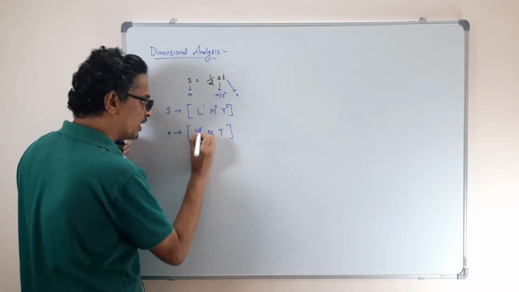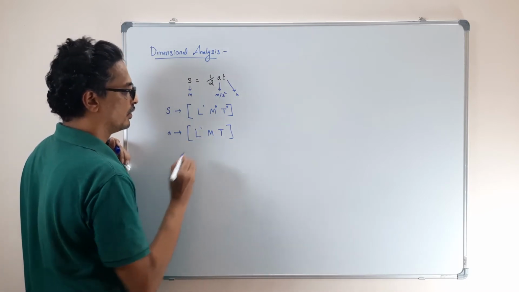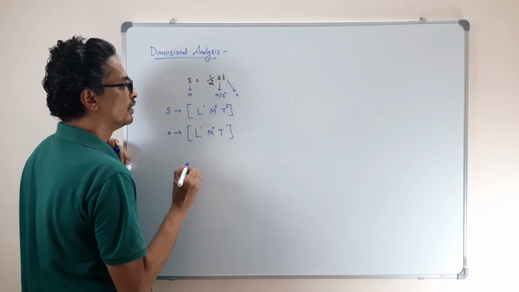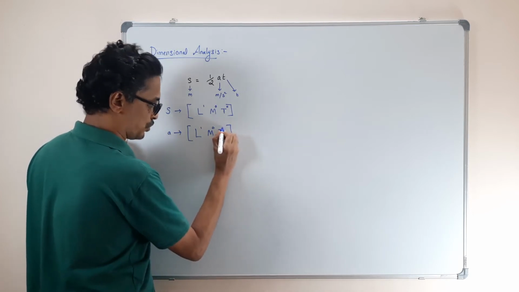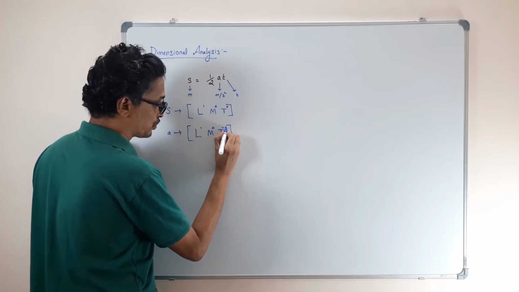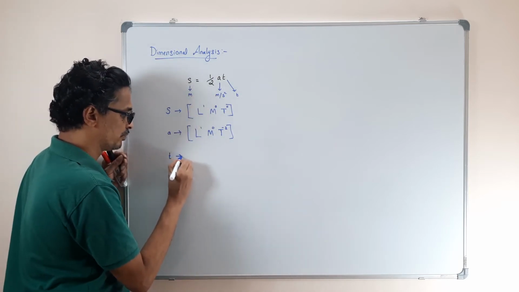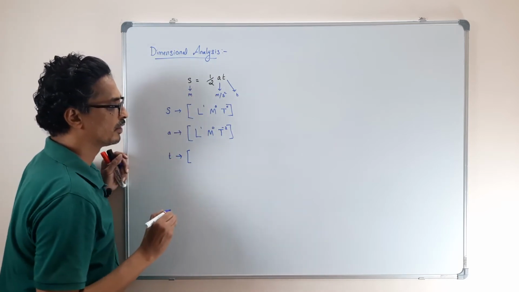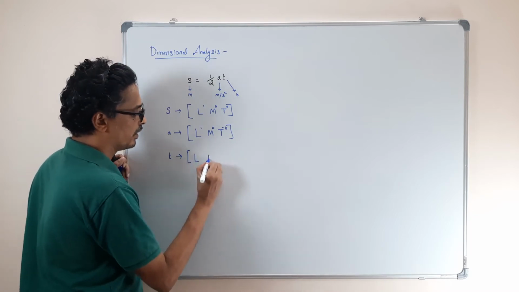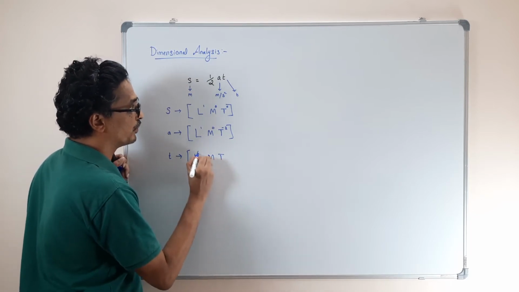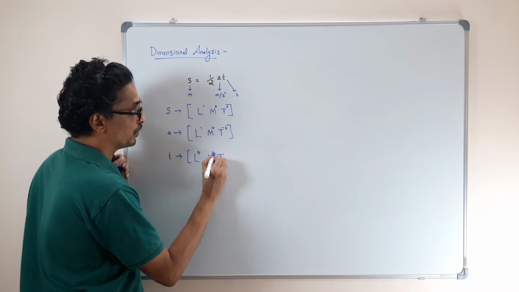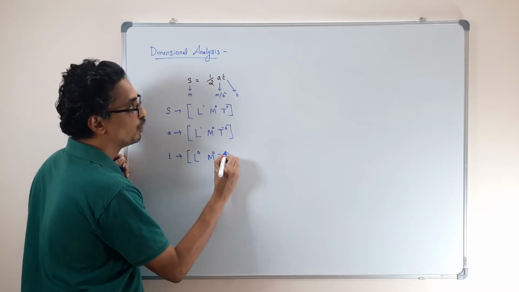L will be 1, mass will be 0, and T will be minus 2, correct? And then let us write t. What's the dimension of t? L will be 0, M will be 0, T will be 1.